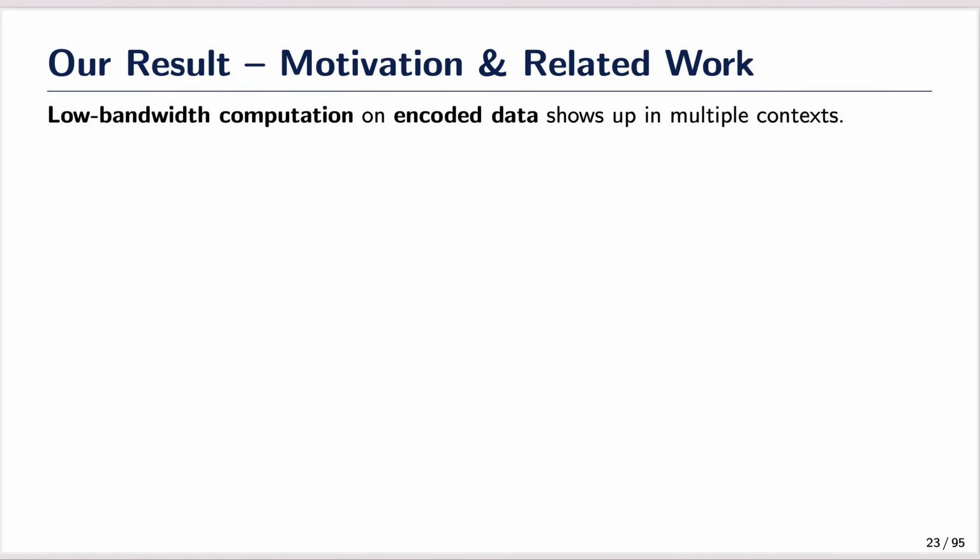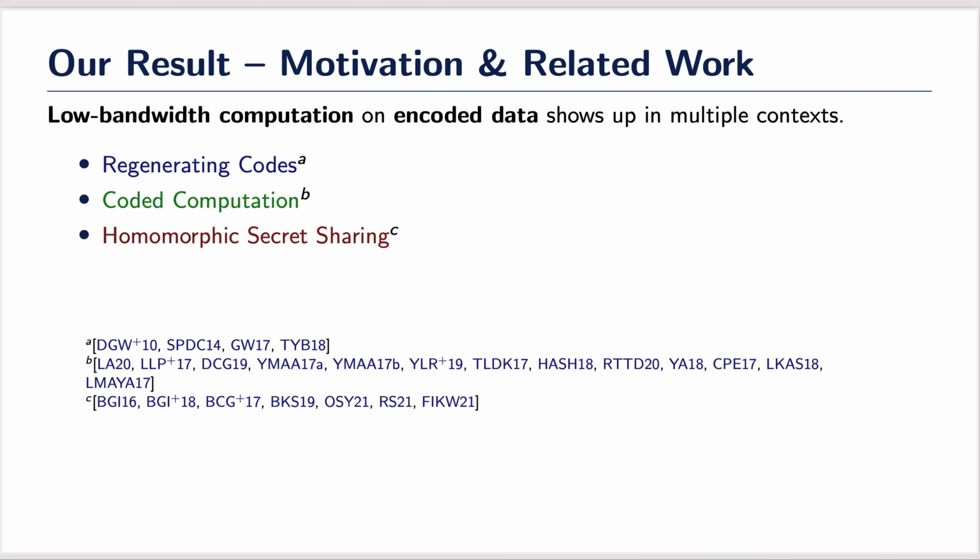And okay, why do we work on this? So this idea that you have encoded data and you want to compute on it and you don't want it to cost a lot of bandwidth has shown up before in several different places. So the first place is regenerating codes. In that context, imagine, for example, a single node failed, like I showed before, and all you want to do is replace it.